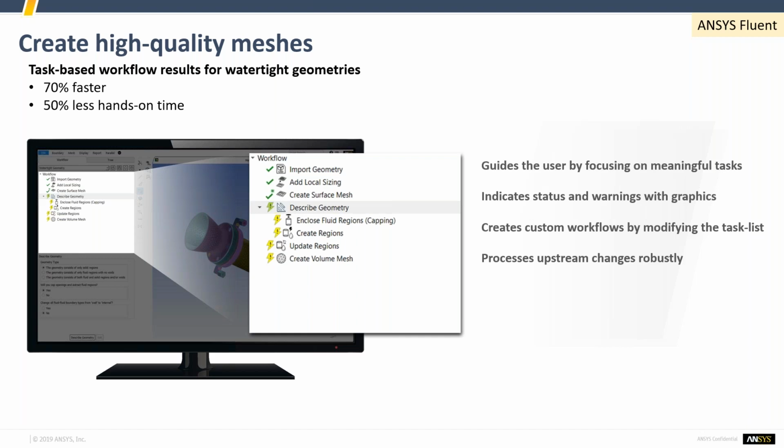This is a simple template that you have here, so you can add extra tasks, such as refinement tasks or journal scripts within different tasks here, and save that new workflow and give that to colleagues if that's what you want.